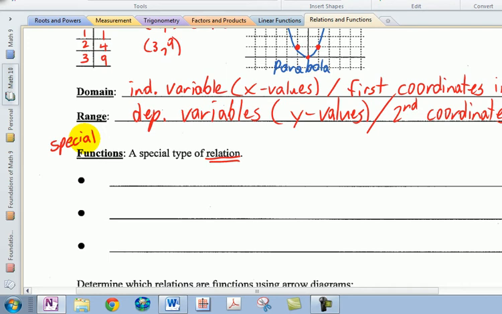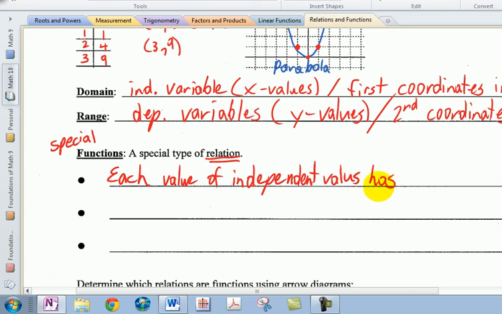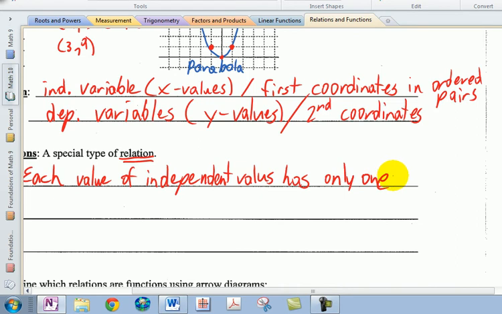So the 3 points that make up a function, number 1, each value of the independent variable has only one dependent value.